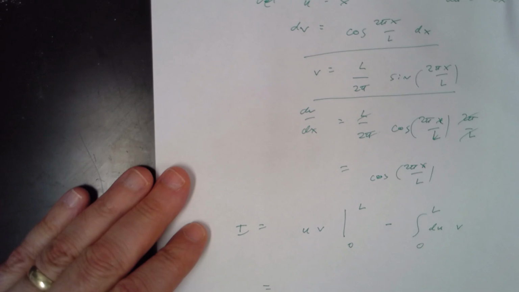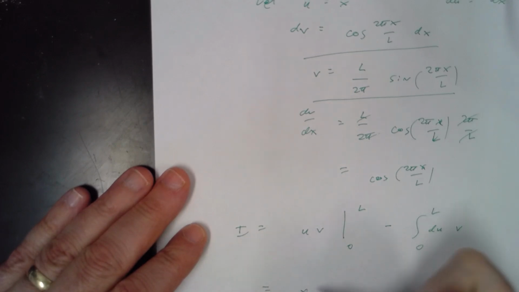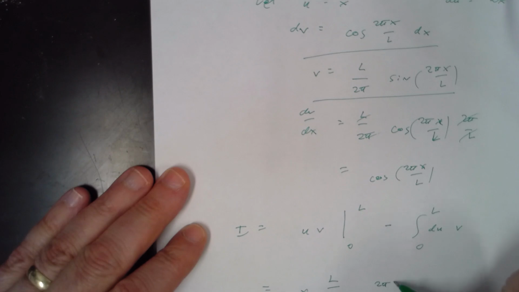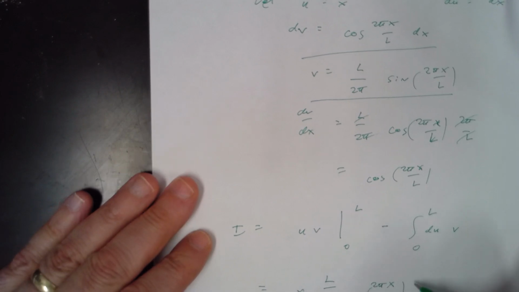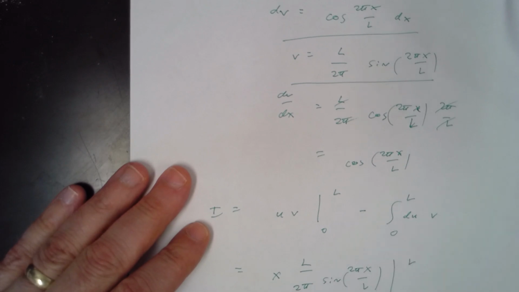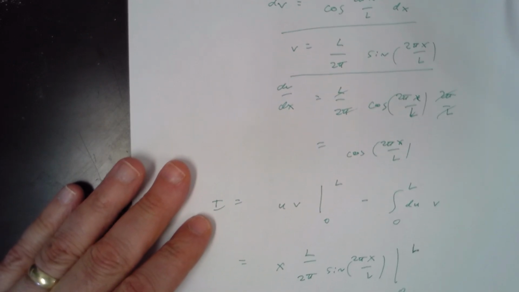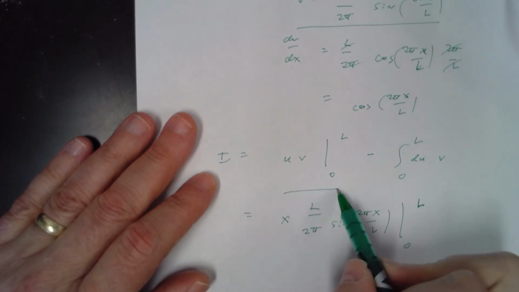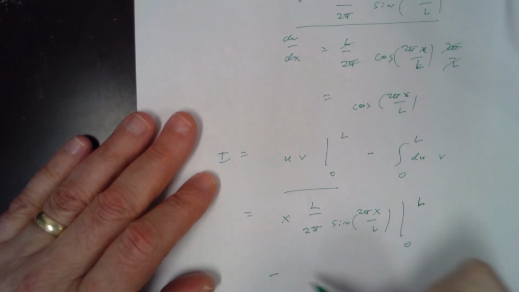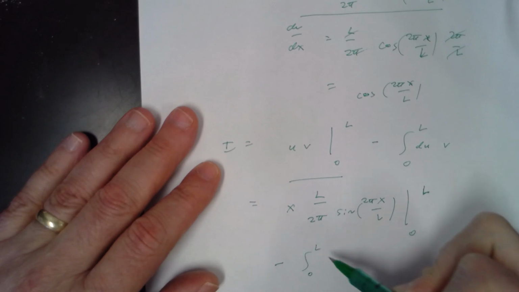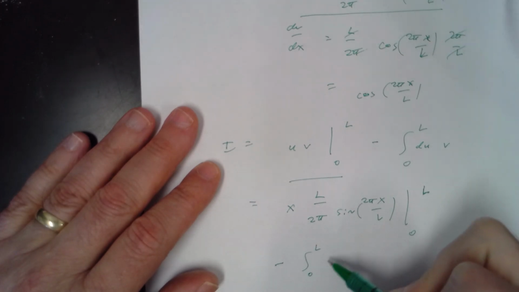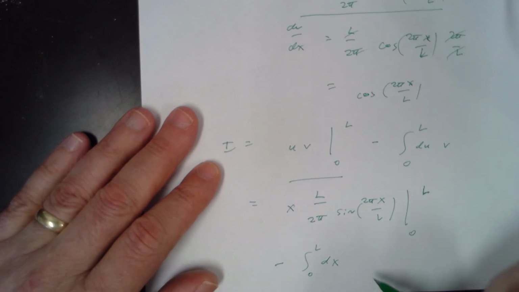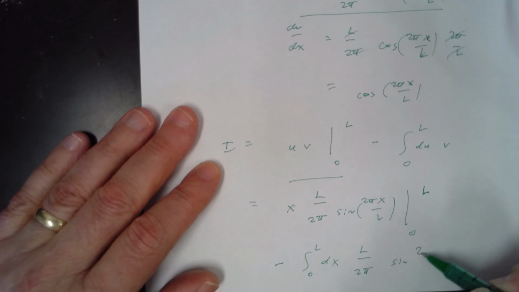So the function u is just x, and the function v is L over 2 pi sine of 2 pi x over L. I'm going to evaluate that between my two limits of integration. That's my first part of my integration by parts. Then I have to do minus integral from 0 to L du, well, du is just dx, times v. V is this function here.